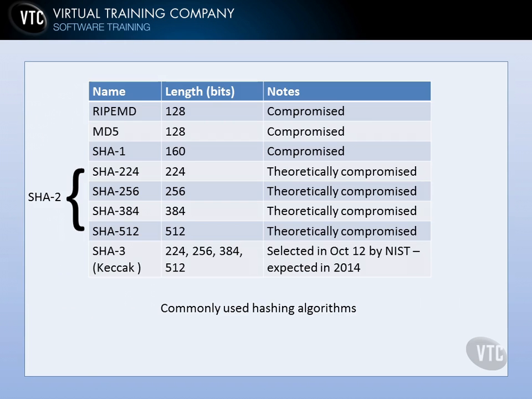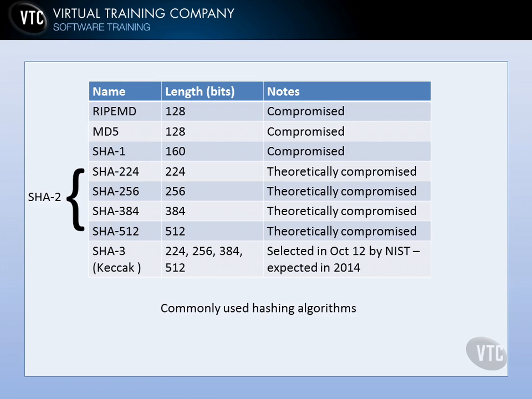Now, there are several hashing algorithms that we'll talk about. There's RIPE-MD, 128-bit, and a lot of these have been compromised. Now, when I say compromised, they've been proven to have collisions, or they've been proven that they can be in some way reversed. And the most common ones that we see these days are MD5 and SHA, or some variation of SHA. But even those have been compromised or theoretically compromised in some cases.